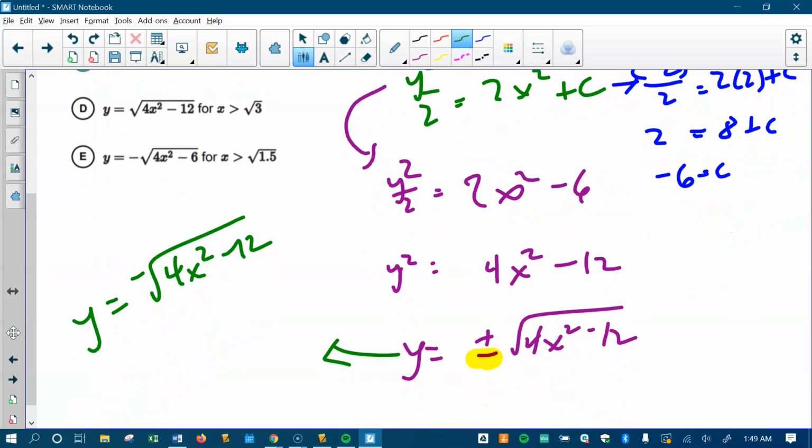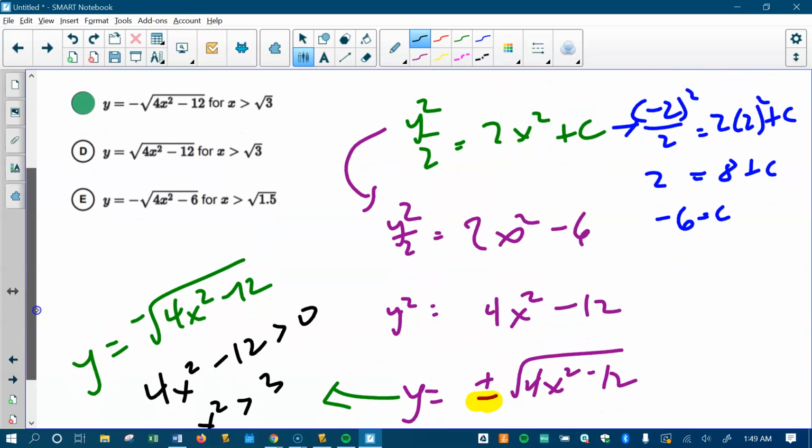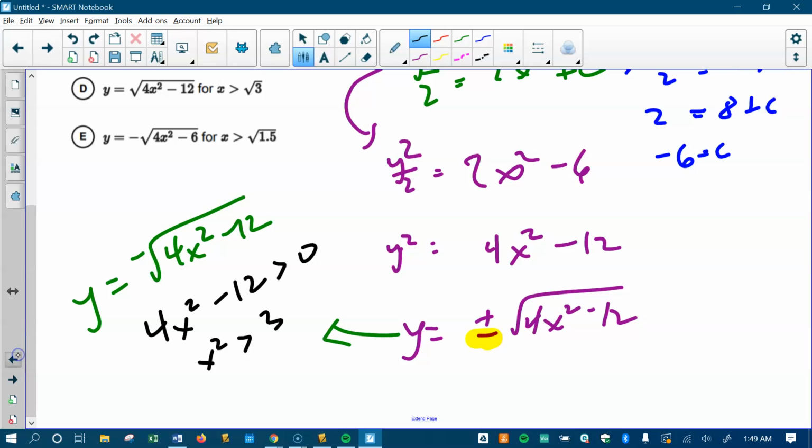I know I need 4x squared minus 12 to be positive because that's what I need. When I add 12 and divide by 4, I get x squared is greater than 3. And when I take the square root, I get the absolute value of x is greater than the square root of 3.